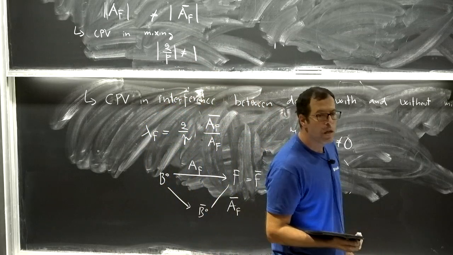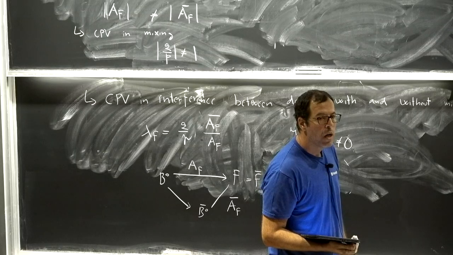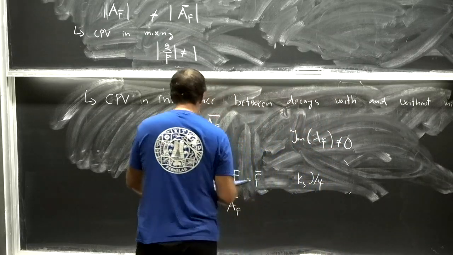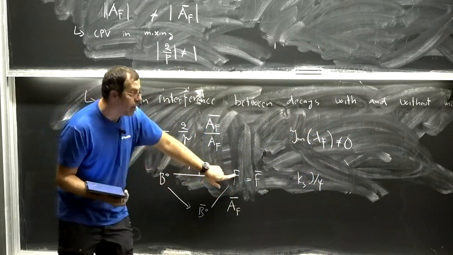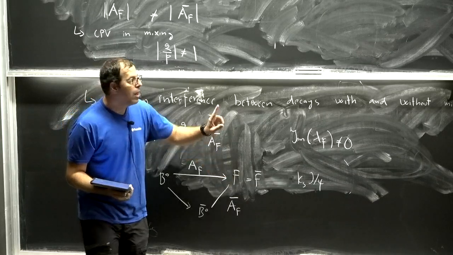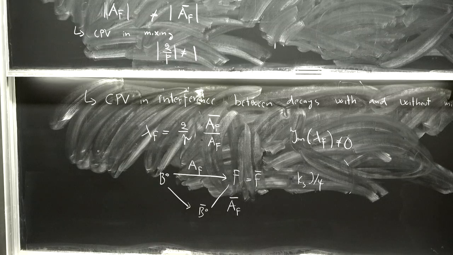Should we interpret A bar F as the amplitude of the conjugate process and not the conjugate of the amplitude? Yes, absolutely. It's the amplitude of B0 goes to F bar. Let me be more precise. Very good. Okay. So let me talk about CP violation in the decay. I think that it will be maybe much clearer.